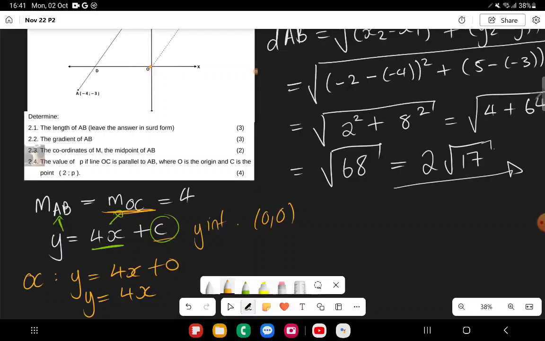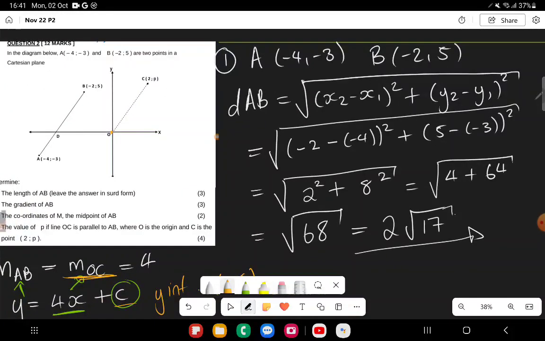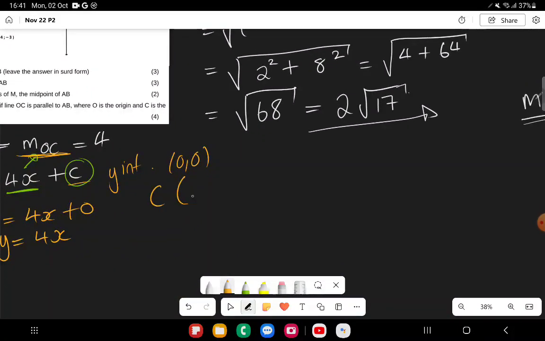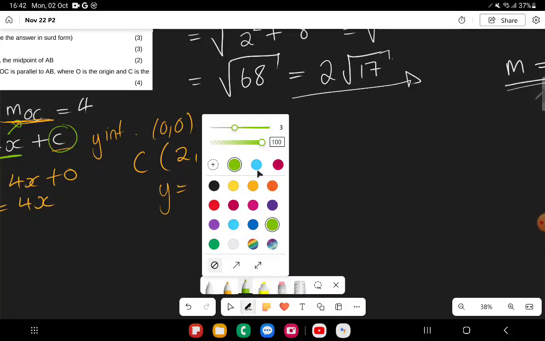So far, so good. Now what we're going to do is we're going to take this point, 2p. So point C is known as 2p, and we're going to substitute it into our equation. y is equal to 4x, and we're going to substitute. So let's change the values.